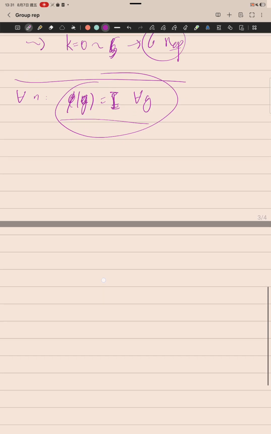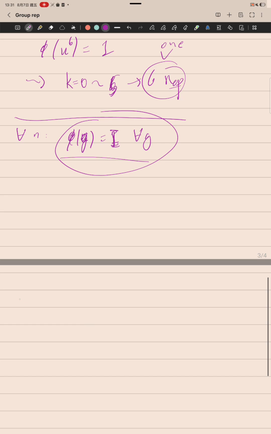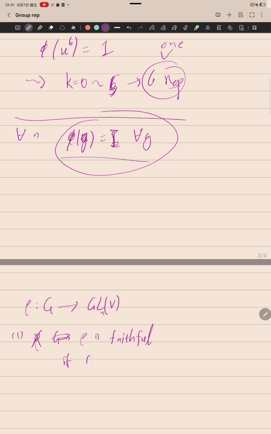To do this, we need some technical work. So now I use rho. If I consider a representation rho, then I say that rho is faithful if rho is injective.